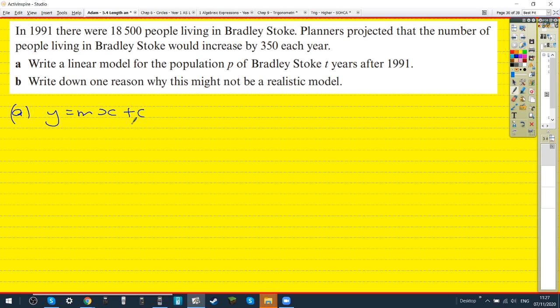So would p be at the start of the equation? Yeah. So it'd be p equals, would it be tx? T is the x. So it'd be mt plus c.